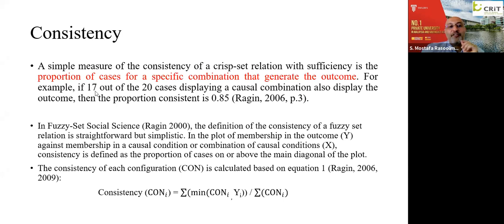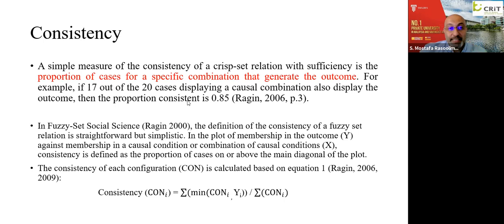So, for example, if we have 20 cases that represent this causal combination, and 17 of them lead to a high level of outcome, then 0.85 is the consistency.